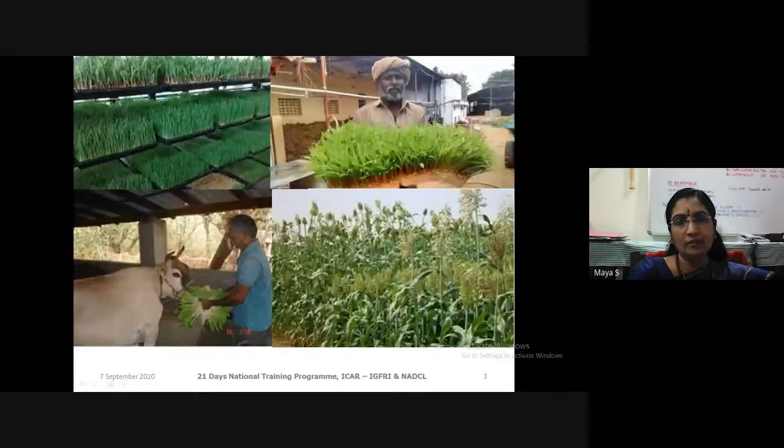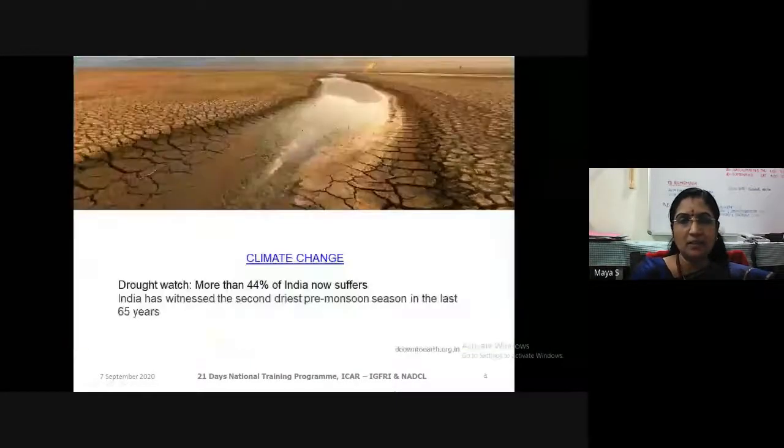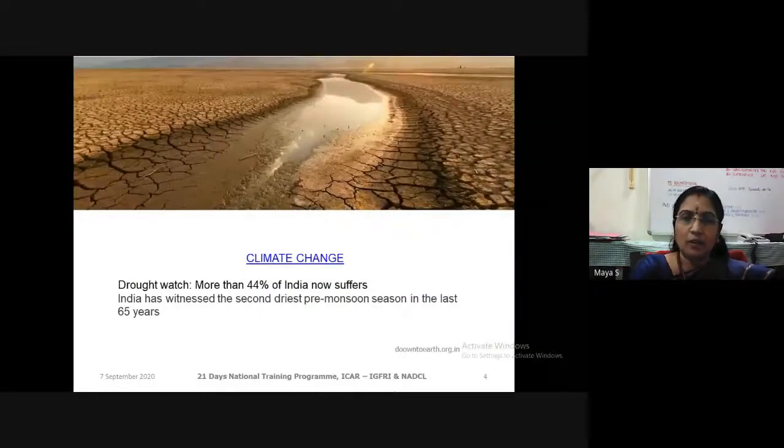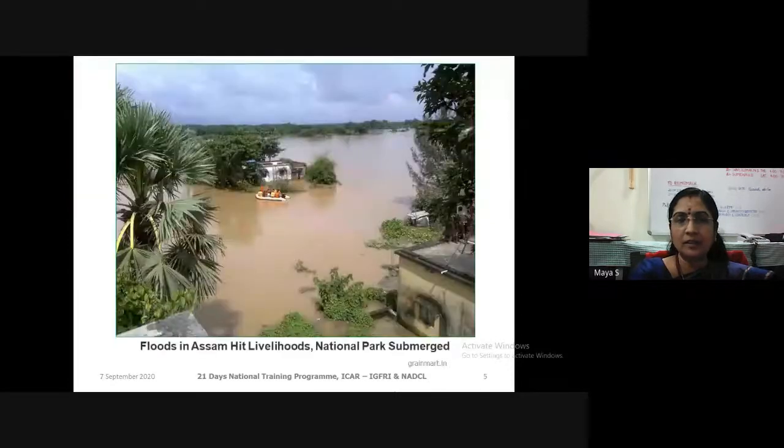Here you find a few pleasant pictures connected with fodder production. Now you are looking at another picture which shows adverse climatic conditions affecting fodder production. It is a picture of drought.